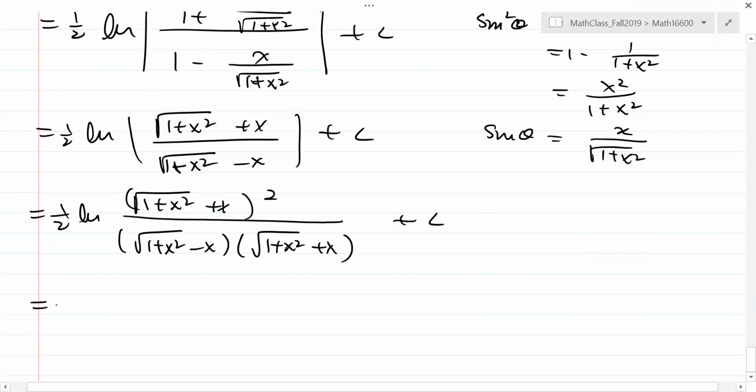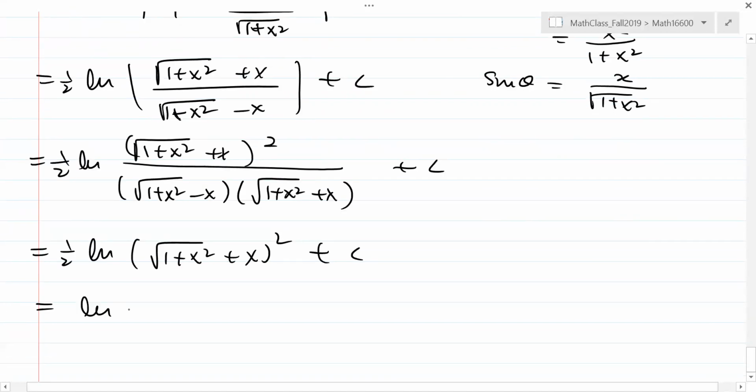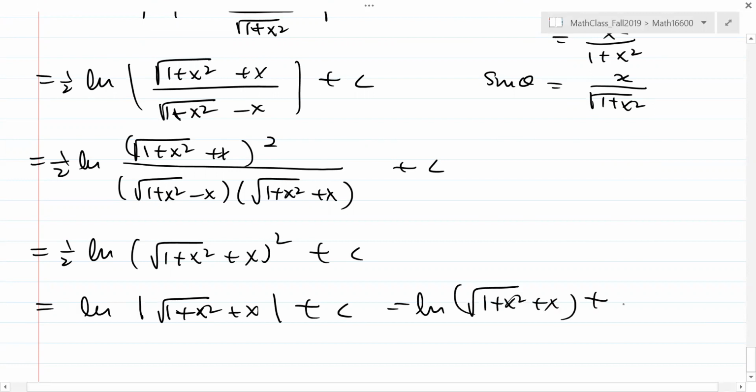Then the denominator is nothing but 1, because 1 plus x squared minus x squared is just 1. So all you have to get is this. You see that, right? And then take 2 out, you get absolute value of square root of 1 plus x squared plus x. But this term is always positive, it cannot be negative, so you don't even need to put the absolute value symbol there.